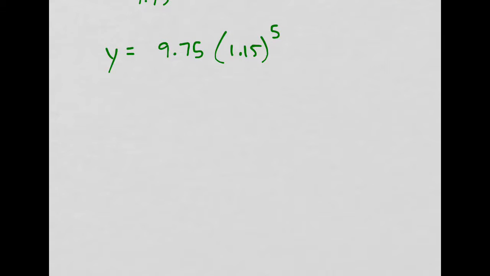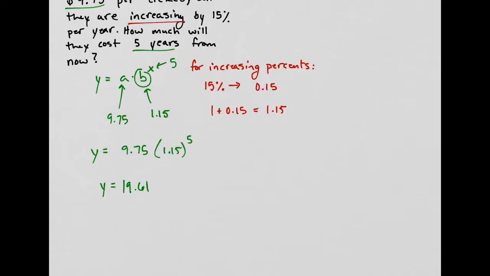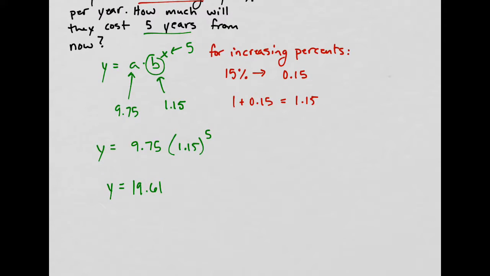You should try doing that now. Pause the video and put it in a calculator. See if you can get the same answer as me. Once I've plugged it into the calculator, my answer is 19.61. So to answer the question, how much will they cost in 5 years?